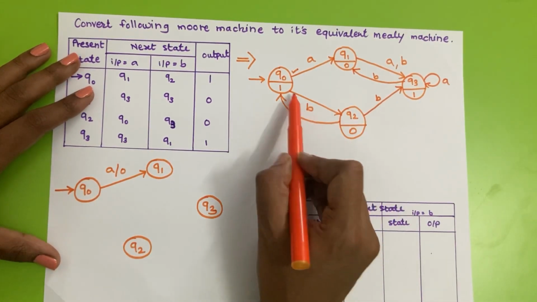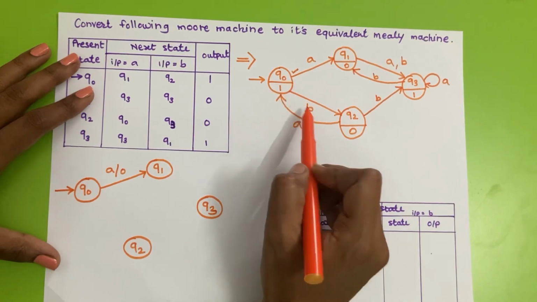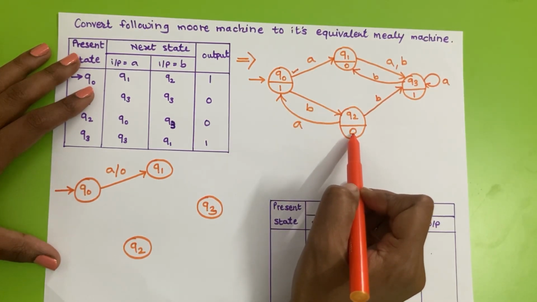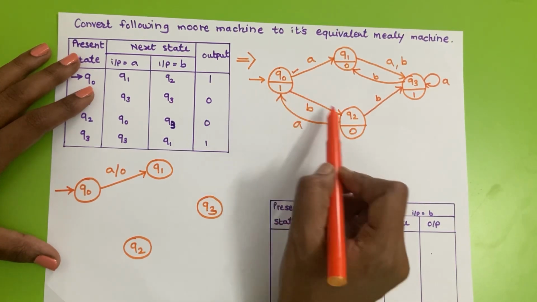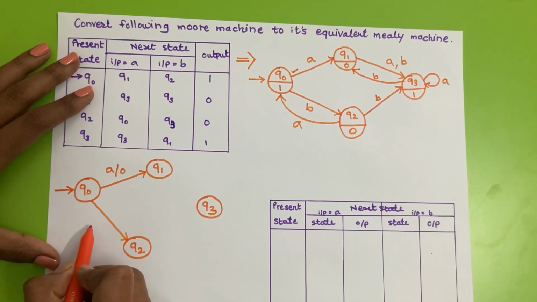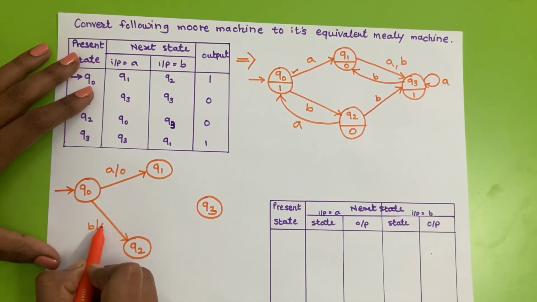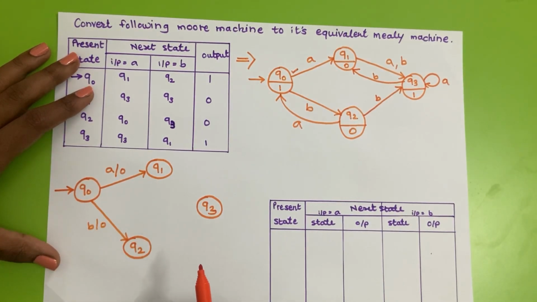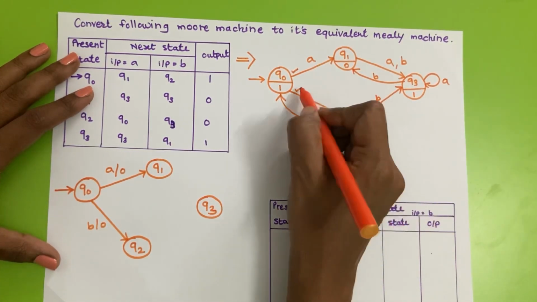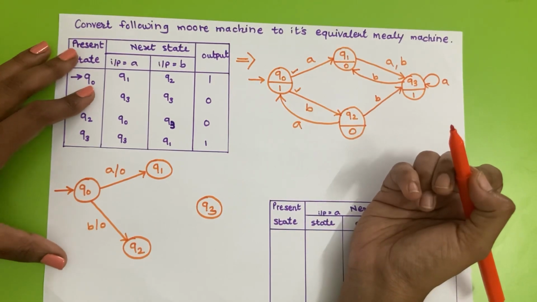Next, Q0 on B: this B will be replaced by 0 and we are moving from Q0 to Q2. Now this transition is over, so we mark it.